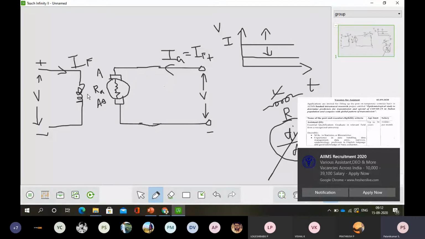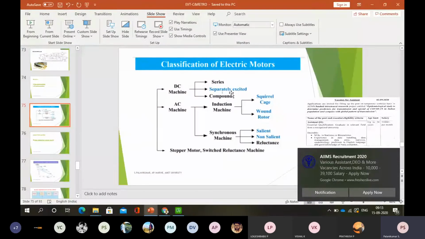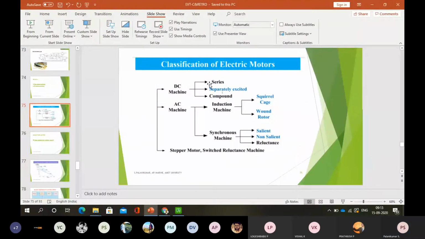So automatically I can control this, provided I have a control over here. In that case, I need not worry about the particular field excitation. This is called separately excited. What is a series coil? A series coil is nothing but the field coil connected to the armature coil in series.